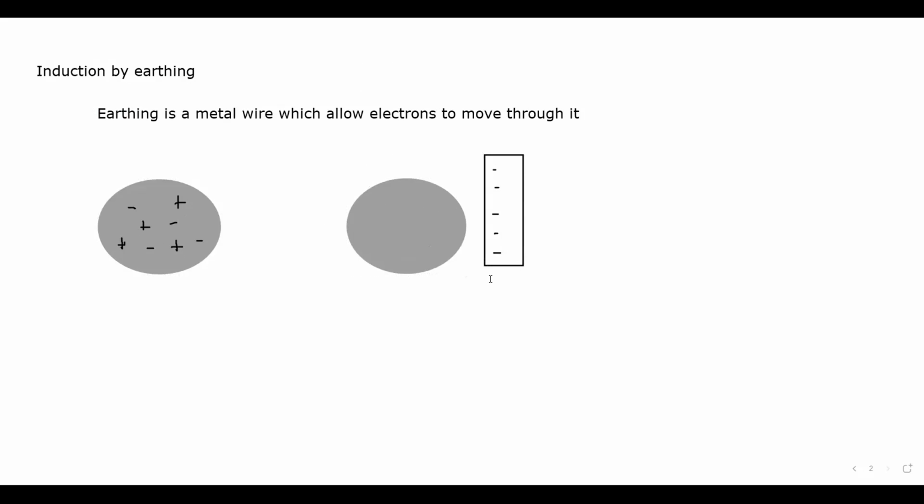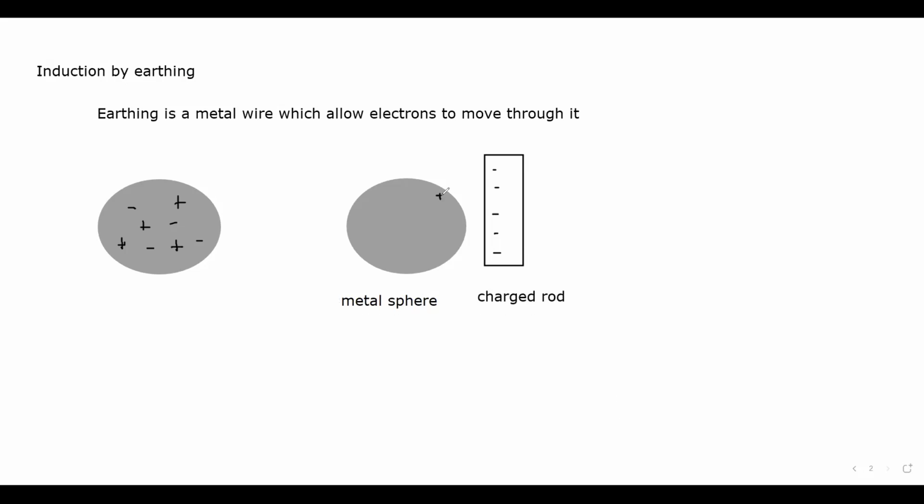What will be the net charge on the right hand side? The net charge on the right hand side will be positive.